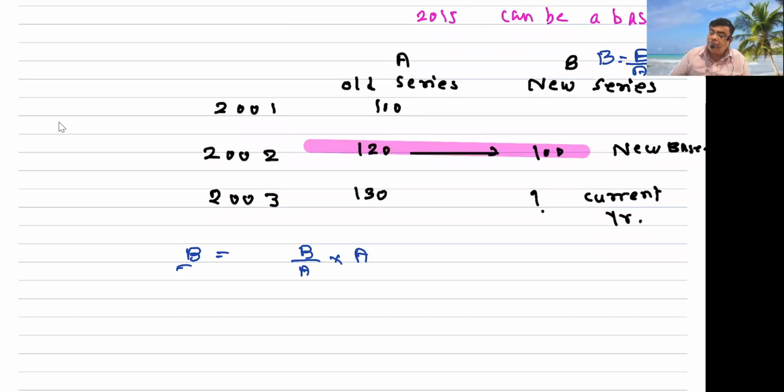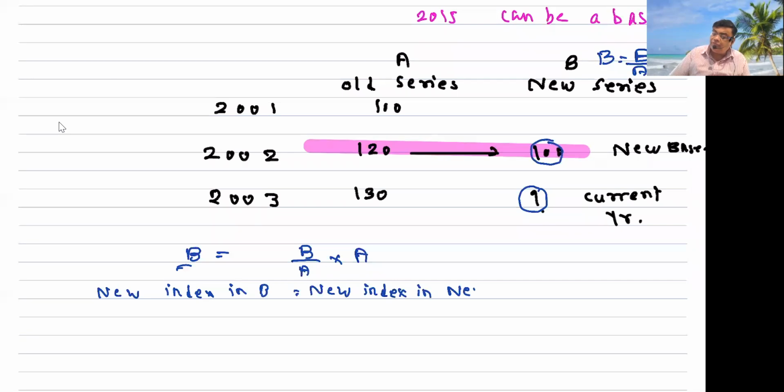Tell me what is this that we are finding? It is the new index in B. ये new year में है. Now this 100 is what? This 100 is the new index in new base.